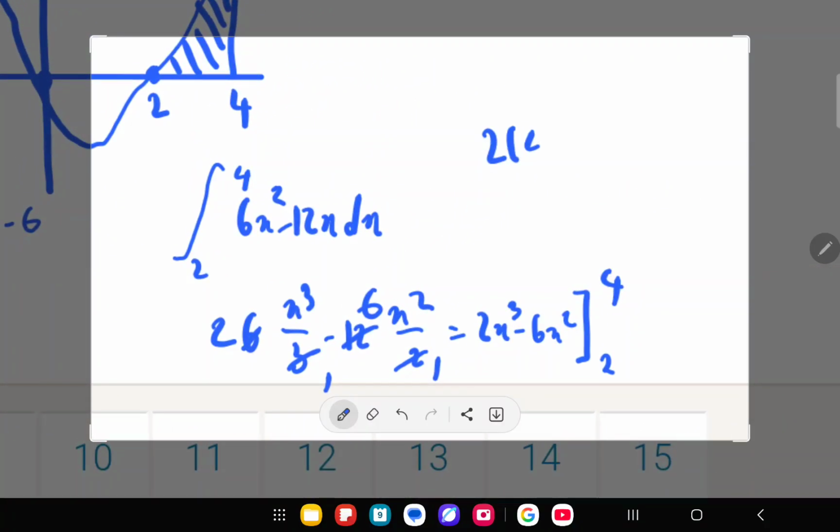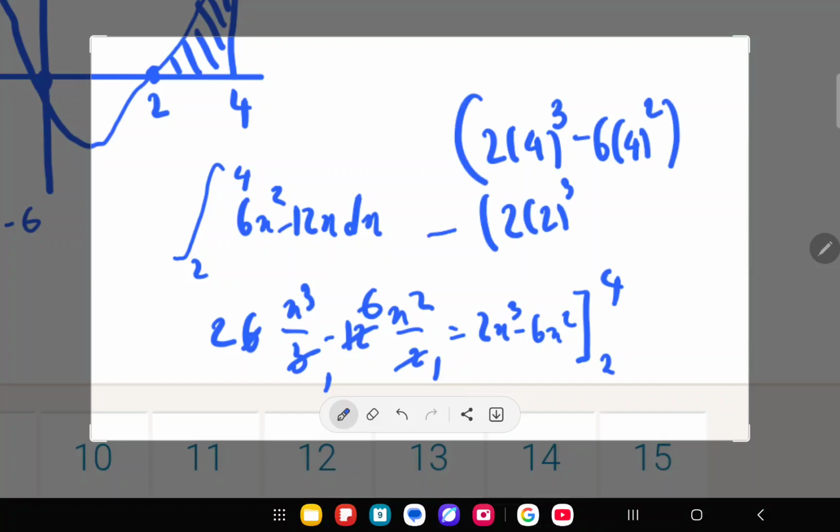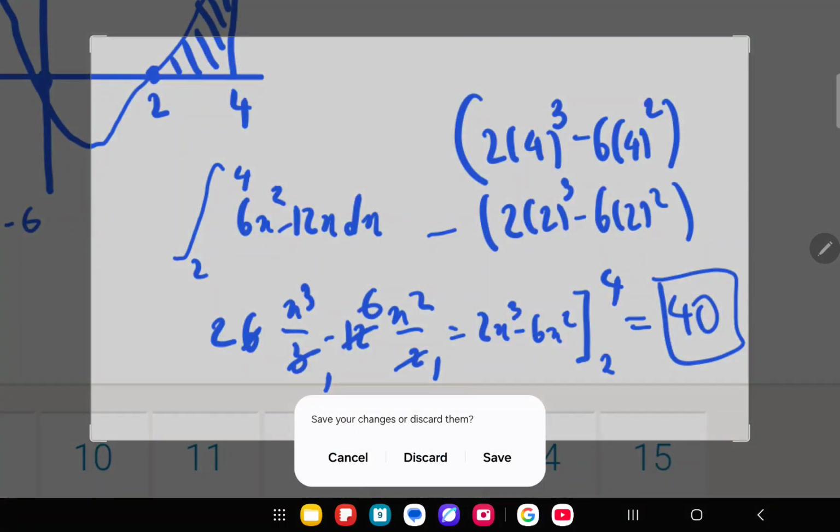Substitute, you get 2 multiplied by 4 power 3 minus 6 multiplied by 4 squared, and then subtracted by the same thing. Once you put this into the calculator, you get 40 square units.